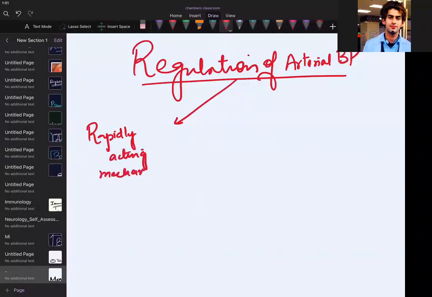What they do is they are directly teaching you. I have seen some people directly putting the RAS, renin angiotensin aldosterone system. But there are so many mechanisms which are happening at the same time. It's not that you will directly say RAS is there. No. So rapidly acting mechanism. Then we have intermediate acting mechanisms.